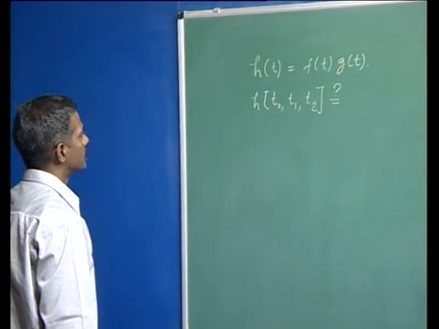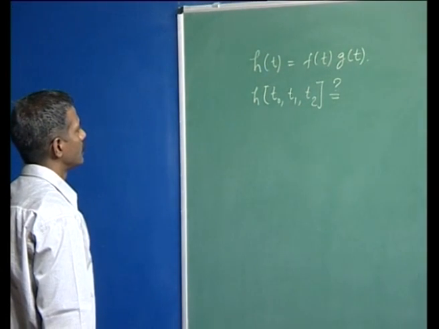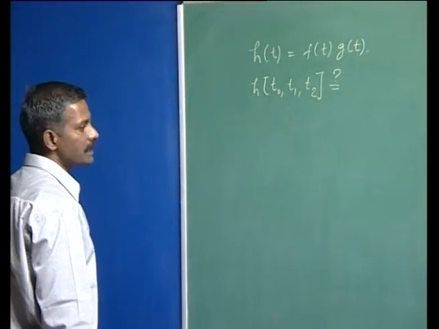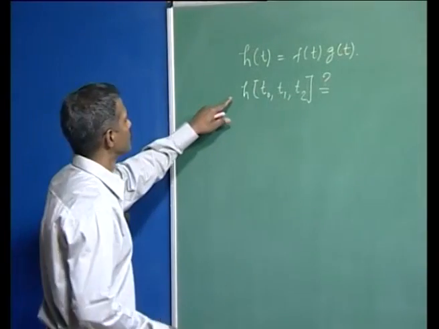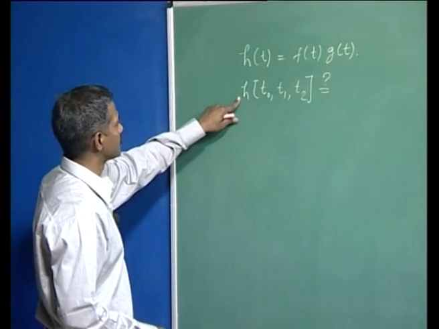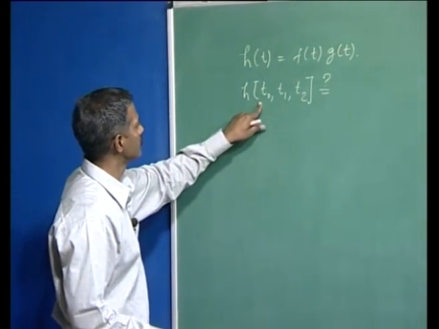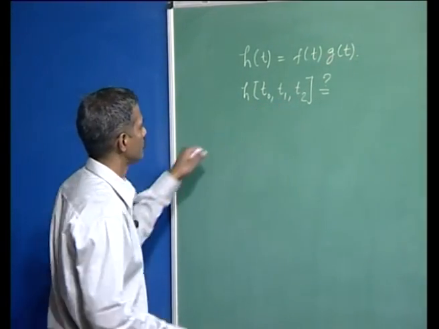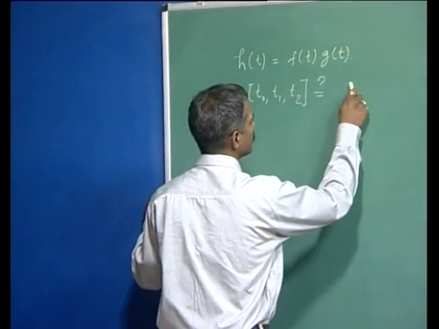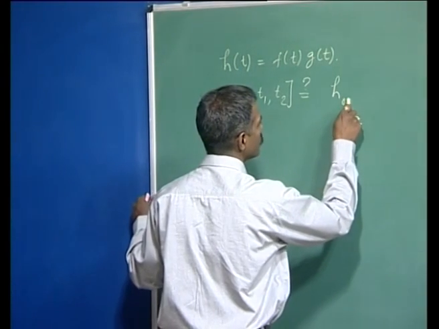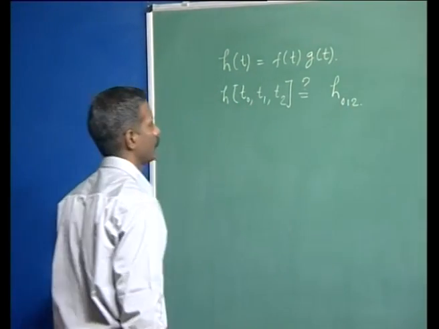To make my algebra a little simpler, I'll introduce a shorthand. I'll represent the second divided difference h[t0, t1, t2] as h_012.